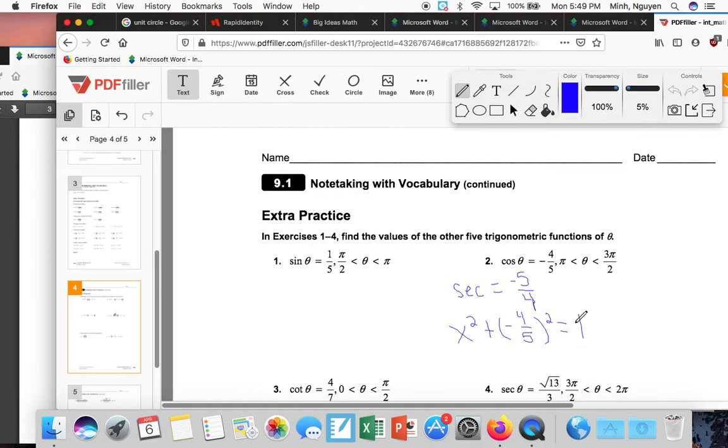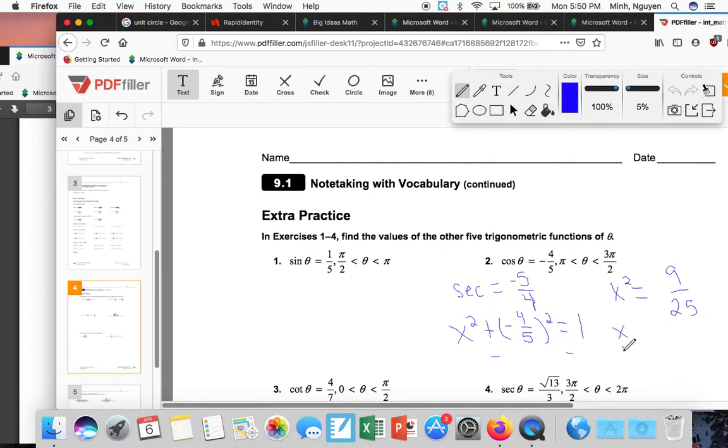I'm going to subtract it from 1. So I'll go ahead and minus, and you end up with, let's see, negative 4 squared is 16, so 25 minus 16 is 9. So this is going to be 9 over 25. I need to root it to get that by itself.